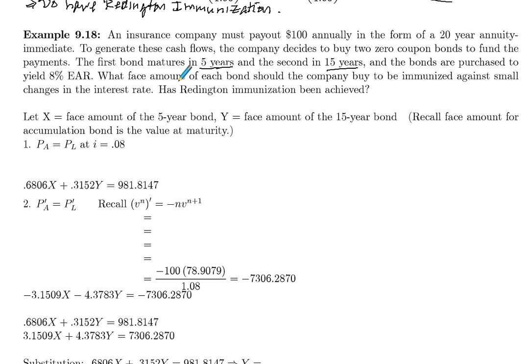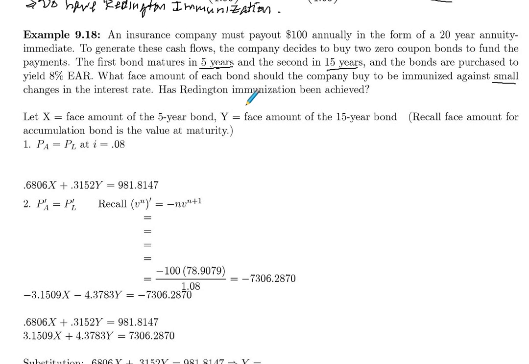So we want to know what face amount, or what dollar amount, of each bond should the company buy so that they'll be immunized against small changes here. And that's key there, small changes in interest rate. And if they do that, do we have Redington immunization?